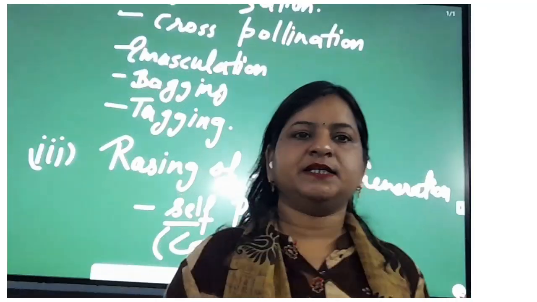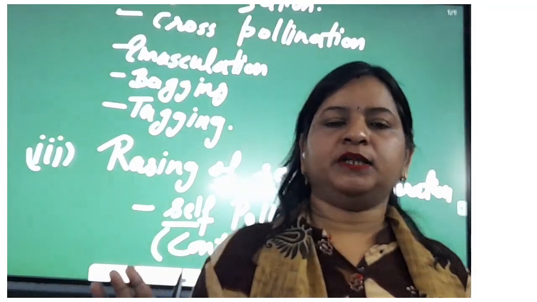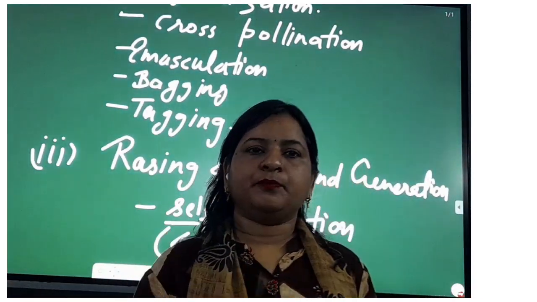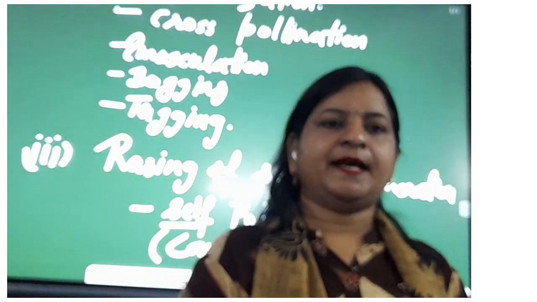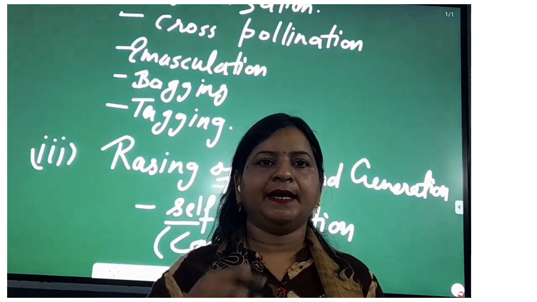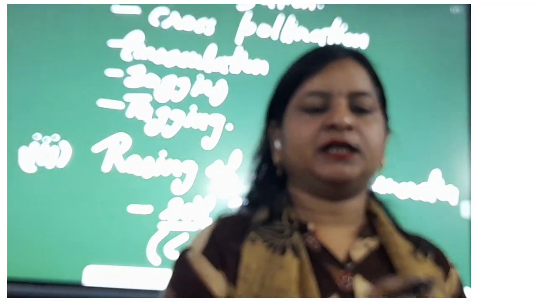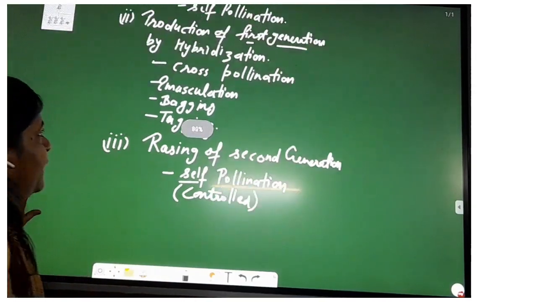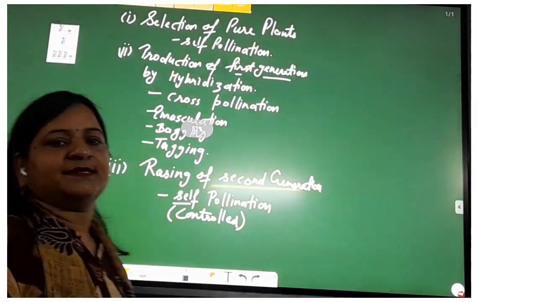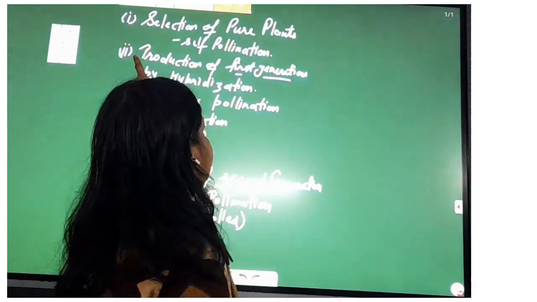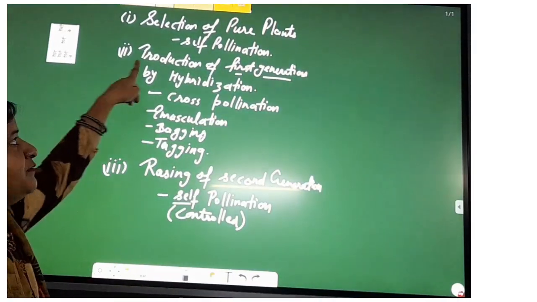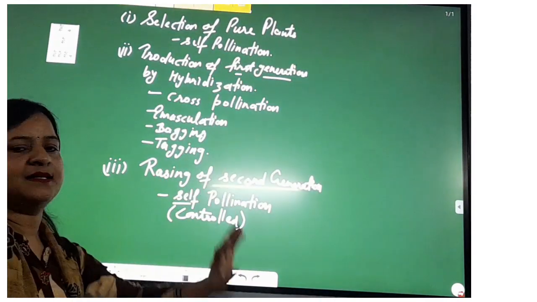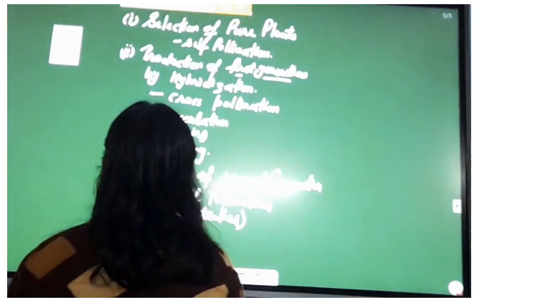He raised second generation plants by doing self-pollination under controlled conditions, meaning they will not be pollinated by any other flower, they will be pollinated by their own anther, and it was done by using a poly bag, so that another flower cannot pollinate it. So Mendel's experiment can be concluded as a 3-step process: one is the selection of pure plants, second was the production of the first generation, and third was the raising of the second generation.